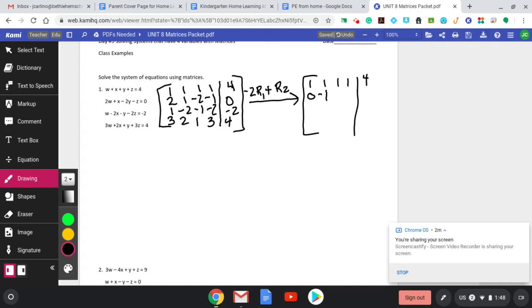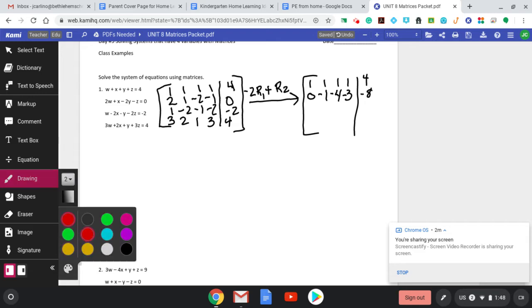Just type it in your calculator as you say it. Again, -2 times 1 is -2, plus -2 is -4. -2 times 1 is -2, plus -1 is -3. And -2 times 4 is -8, plus 0 is -8. Perfect. All right, hopefully we're good there now.